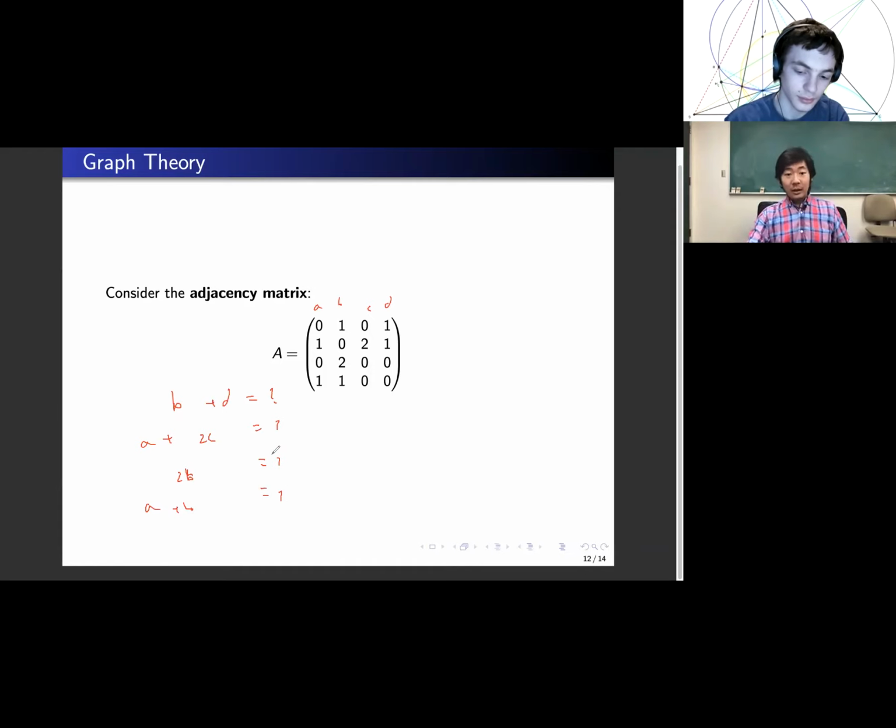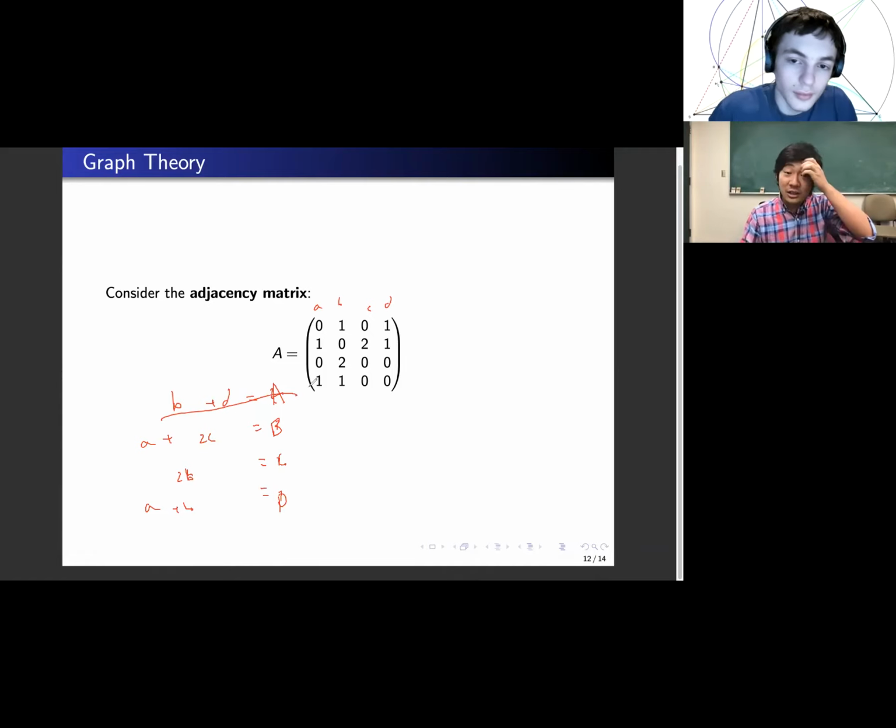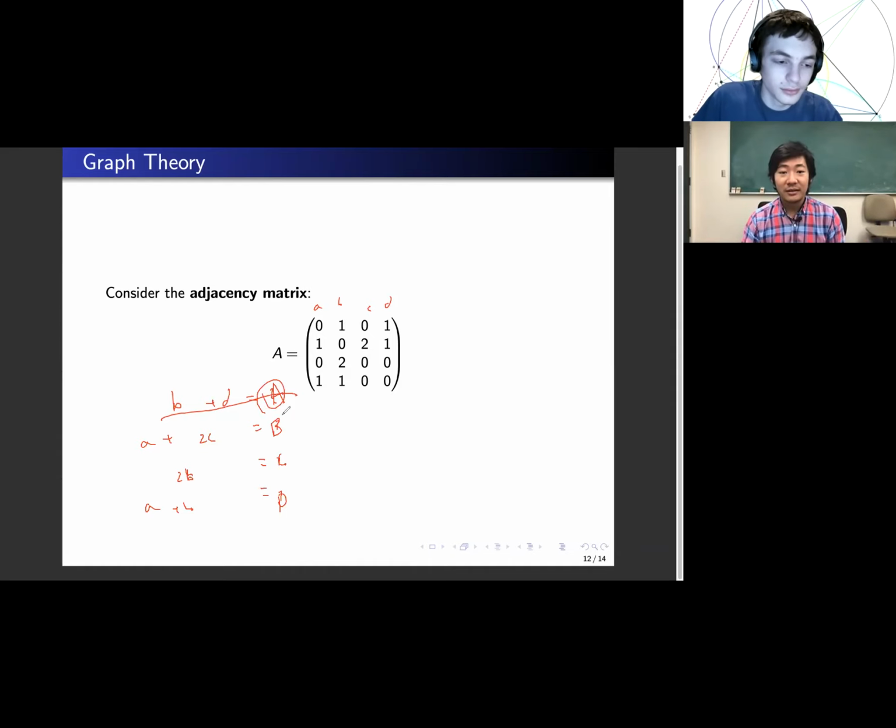So on this side, let me put capital A, B, C, D. This A is not the same as this A. So what is this equation telling you? It's telling you how many ways there are to get to this number A, right? And how many ways there are to get to this number B and to get to C and D, right?